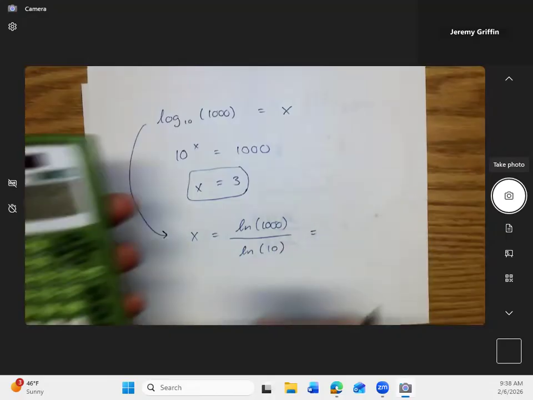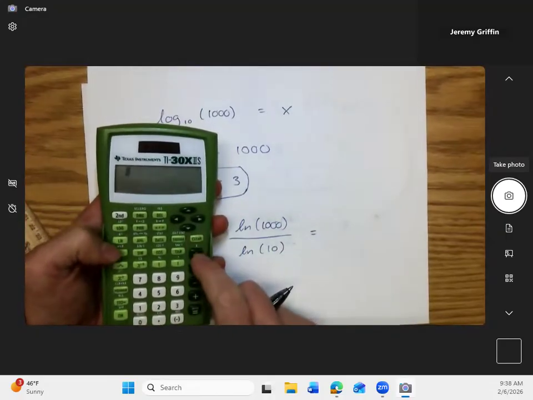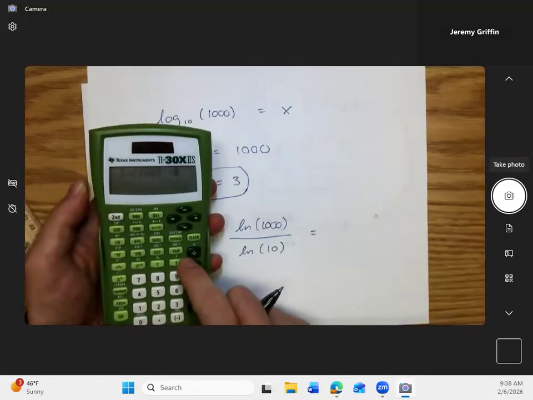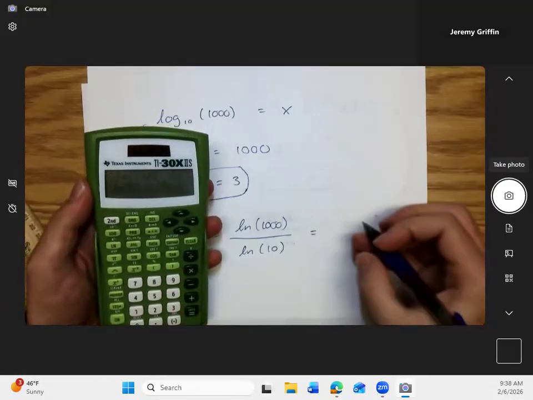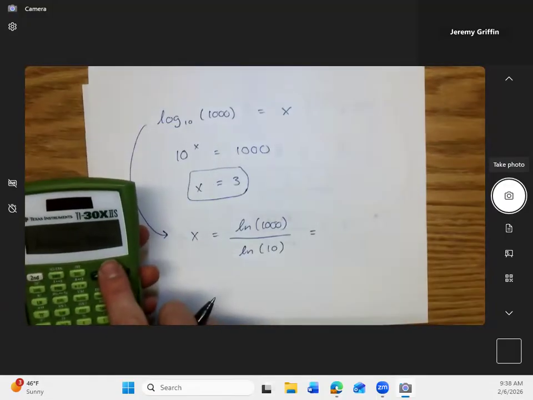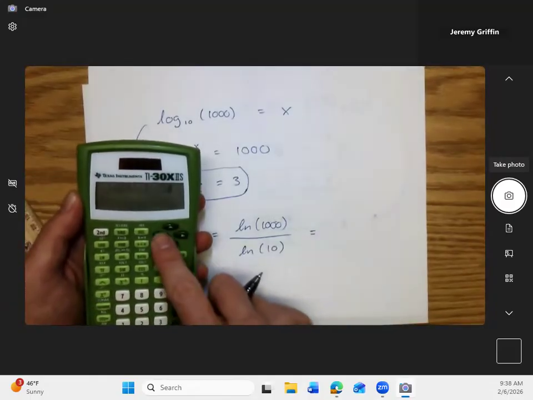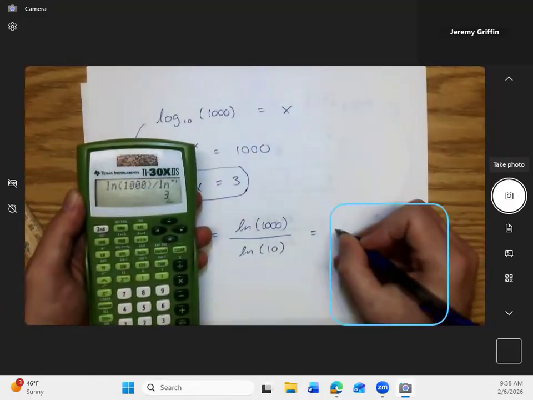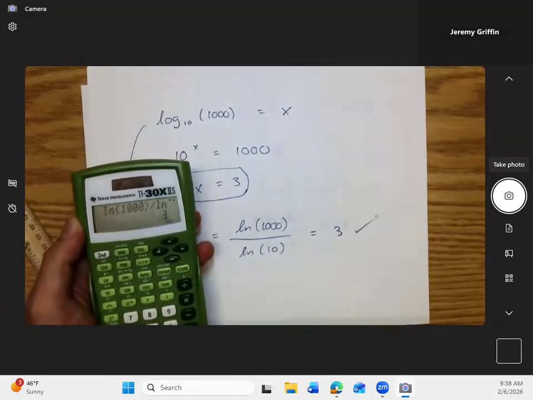I bet this will also give me 3. Oops, natural log 10, not 3. There we go. Yes, 3.